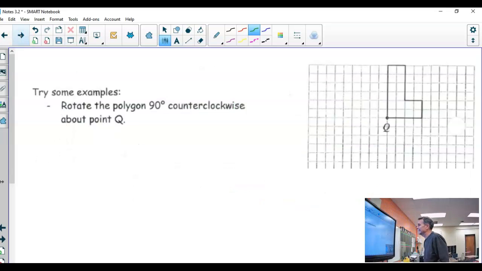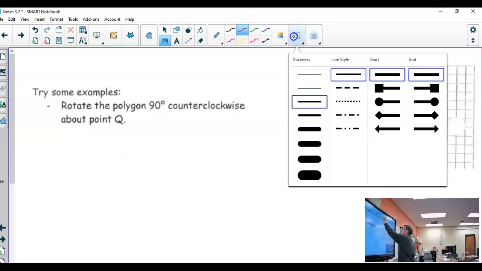Let me keep going here. Can we take this shape and rotate it 90 degrees clockwise, counterclockwise about point Q? So I want to rotate this way 90 degrees. My advice is you take each line and you rotate it 90 degrees.